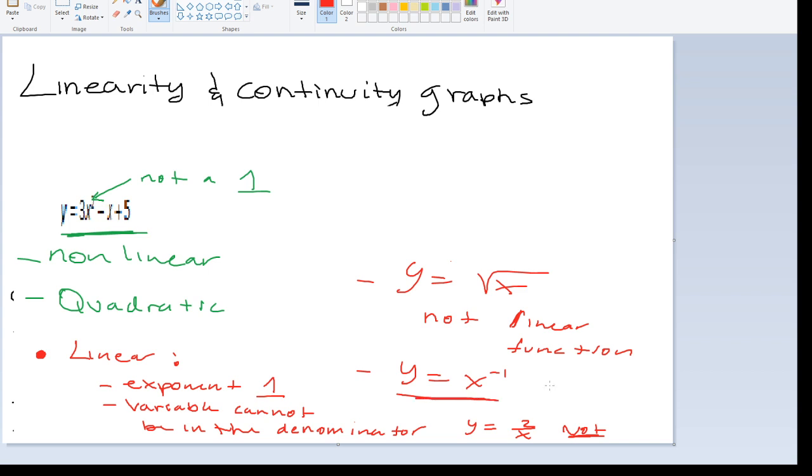Also, this is not linear. Once again, to be a linear function, the exponent next to the x must be just a 1. And the variable cannot be in the denominator. No negative exponents either.